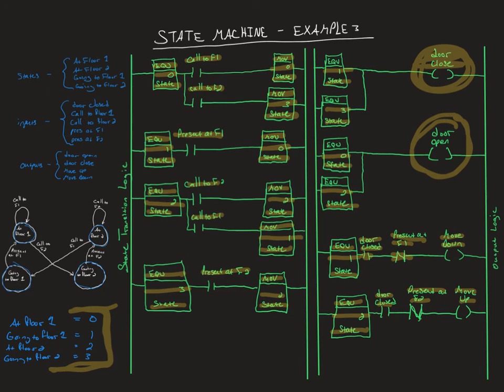So, someone gets in the elevator at floor 1, and they press the button to go to floor 2, call to floor 2, the door will close, at which point the elevator will begin to move up. And then it will stop going up and will change states to being at floor 2 because of the state transition logic when it reaches floor 2 and the sensor comes on. So there we have it. We have successfully coded our elevator state machine.